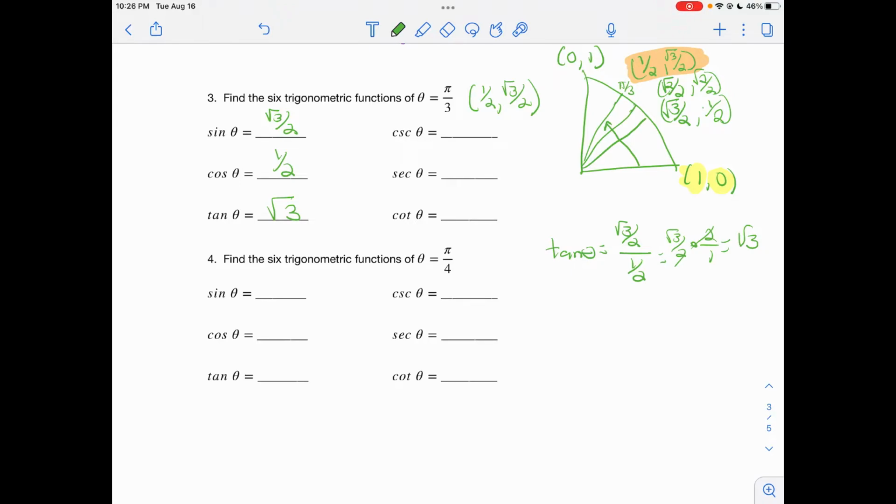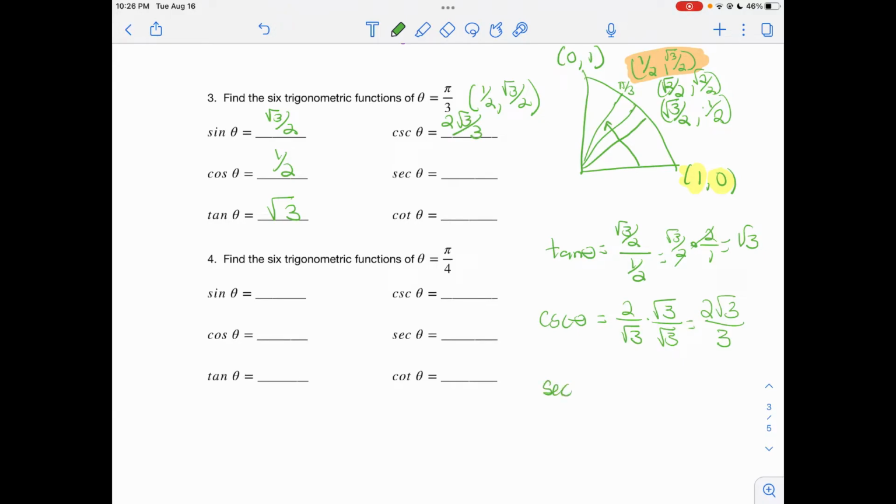Cosecant is 1 over sine, so to find your cosecant of theta, you flip your sine over, and then you must always rationalize the denominator. We don't want a radical in the denominator. So I'll multiply the top and bottom by the square root of 3, and I end up with 2 square root of 3 over 3 as my cosecant of pi over 3.